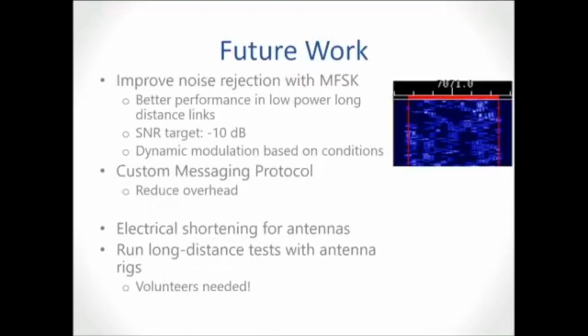Among our future work, or what we hope gets done, we want to improve the noise rejection. So we're going to experiment with multi-frequency shift keying for better performance in low power, long distance links. We're going to try to move our signal-to-noise ratio floor down to 10 decibels below the noise floor.